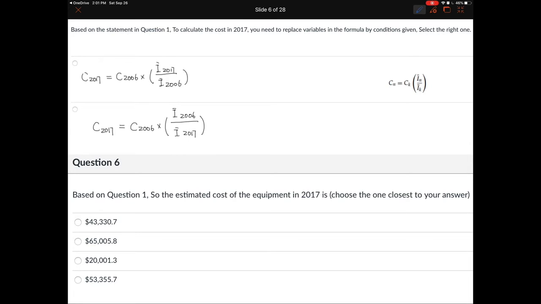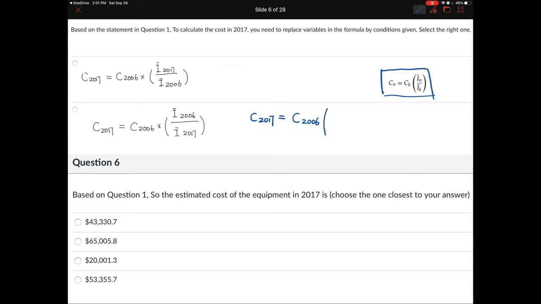Now it's time for you to use the equation. Remember, this is the equation you chose, the indexing method equation. Because the 2017 price is the thing you want to know, you want to put C 2017 on the left side. That's what you want to calculate. On the other side are all the things you know. So K is going to be 2006, the year of the given price.